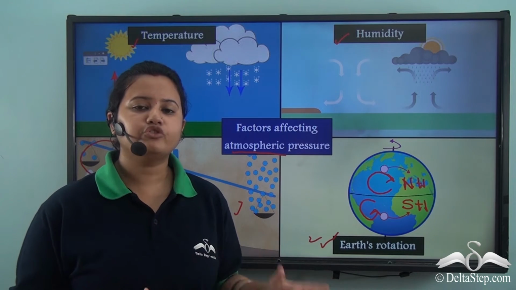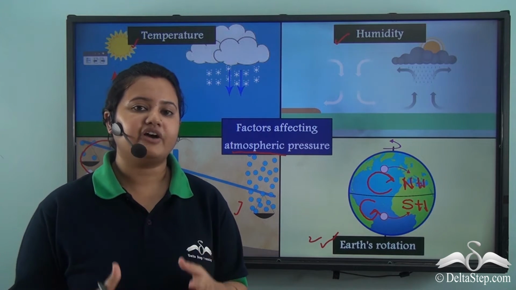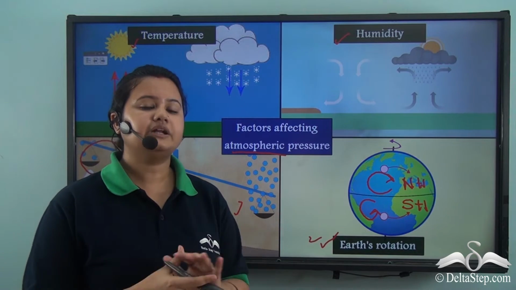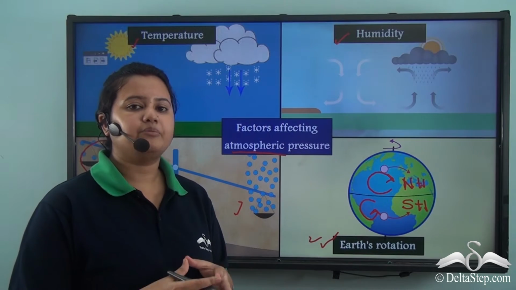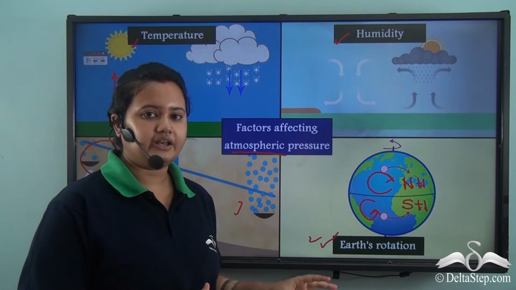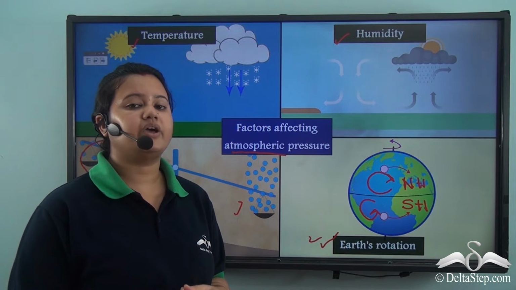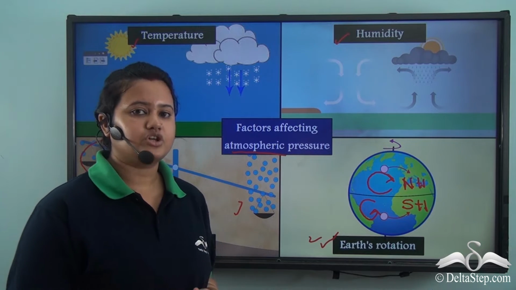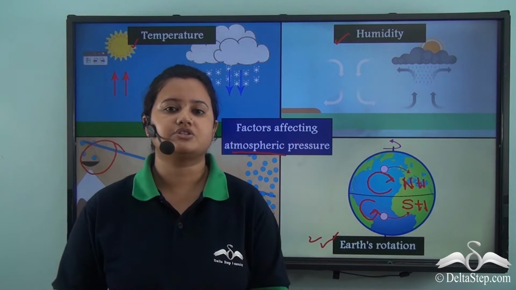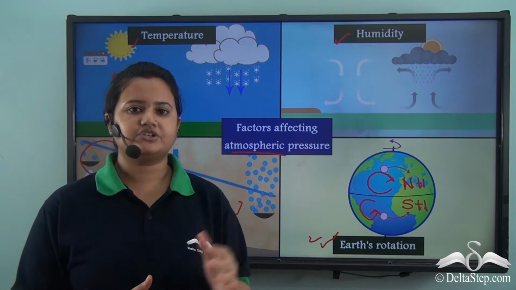Now, due to the movement of these winds, air pressure conditions vary across different places. High air pressure exists in the places where the winds blow in, while low air pressure exists over the places where the winds blow out. So, Earth's rotation also has a significant impact on atmospheric pressure.